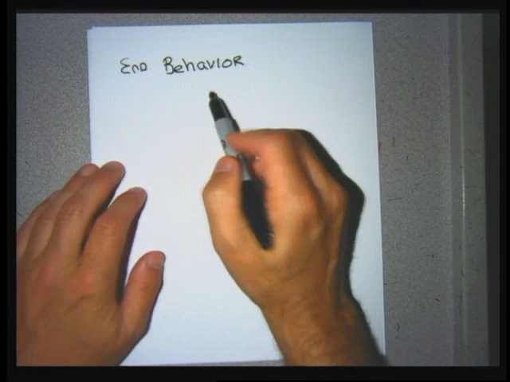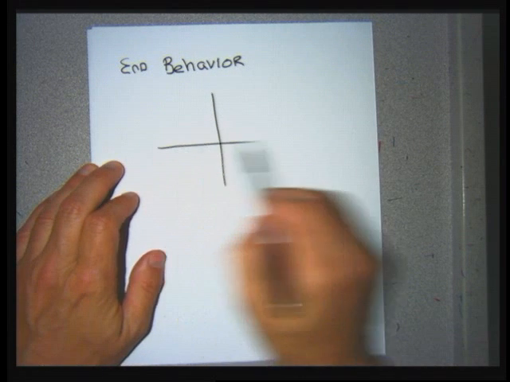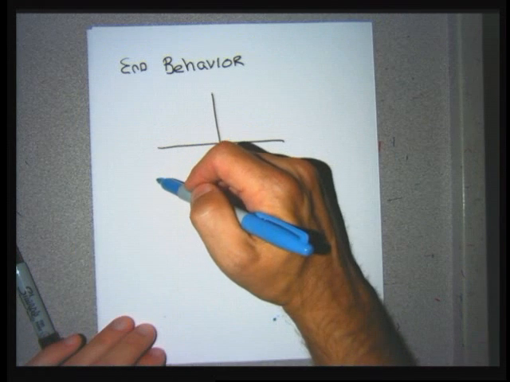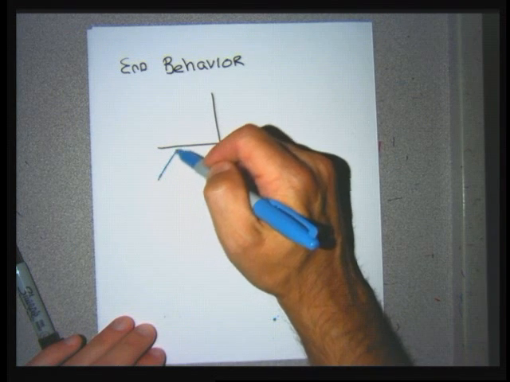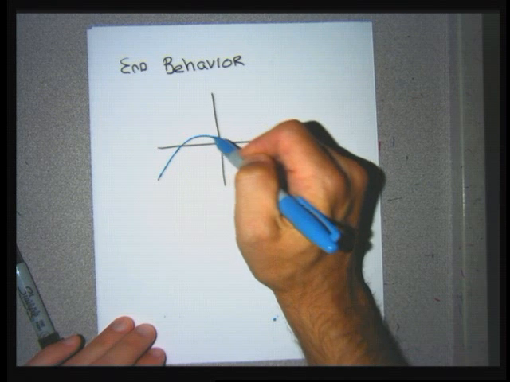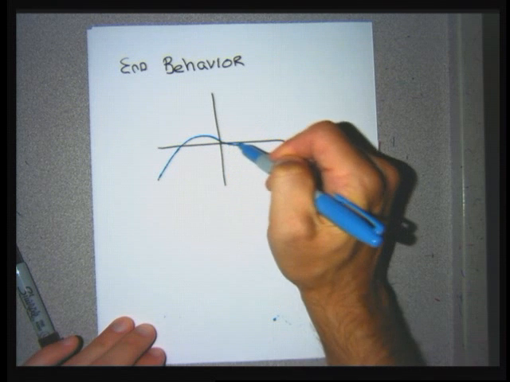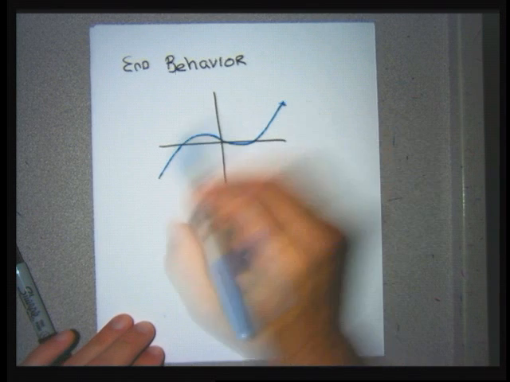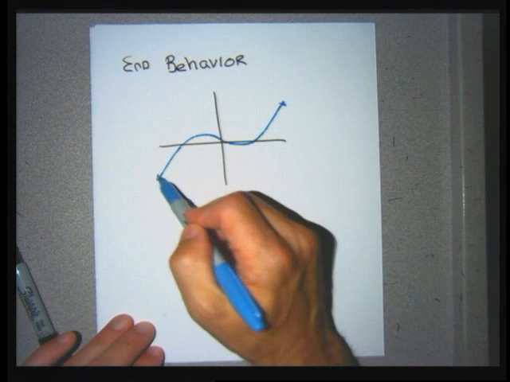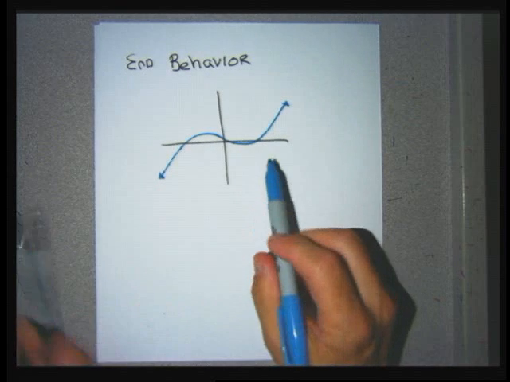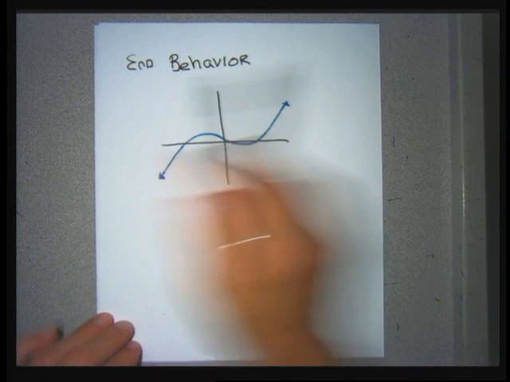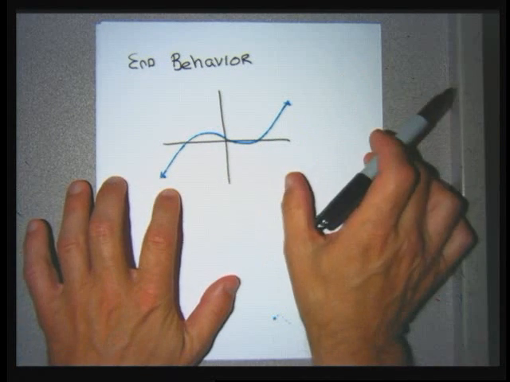And end behavior is what happens to the graph of a polynomial as you get way off to the left of the graph and way off to the right of the graph. So this is a graph of a polynomial, and the ends, the left end and the right end of the graph.